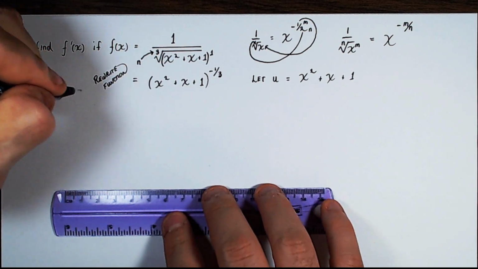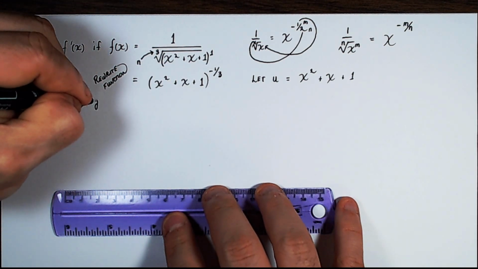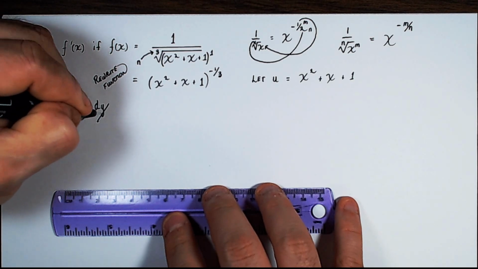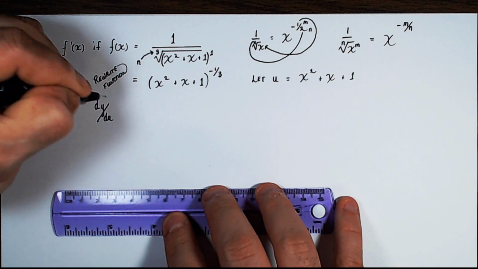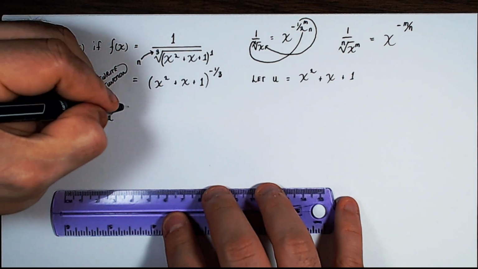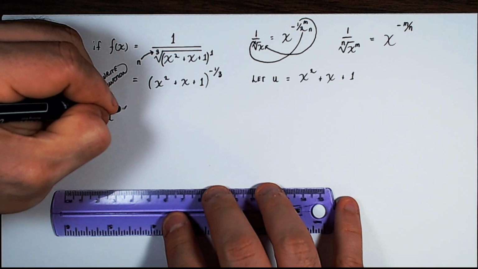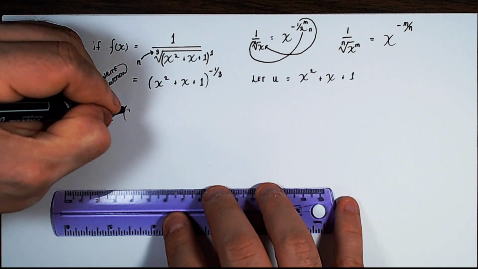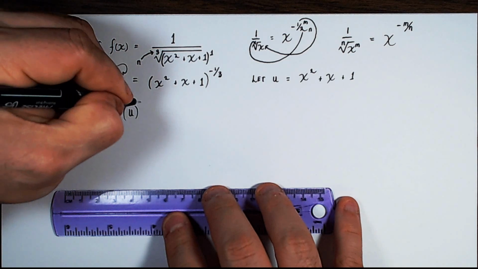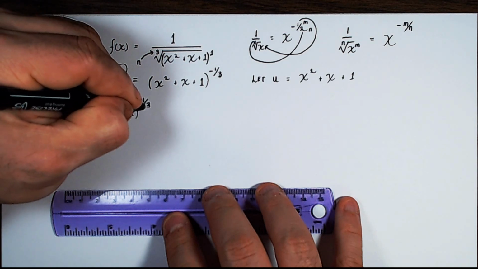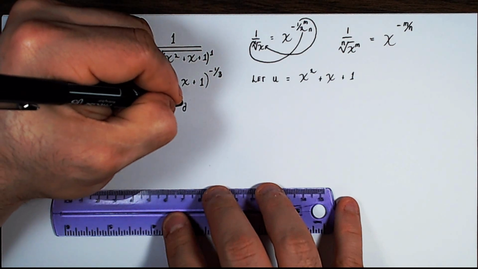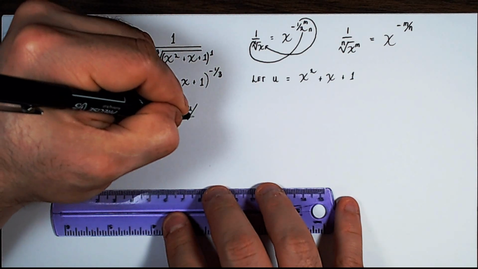So if I say dy/du, the negative 1/3 power of u, and multiply that by du/dx.